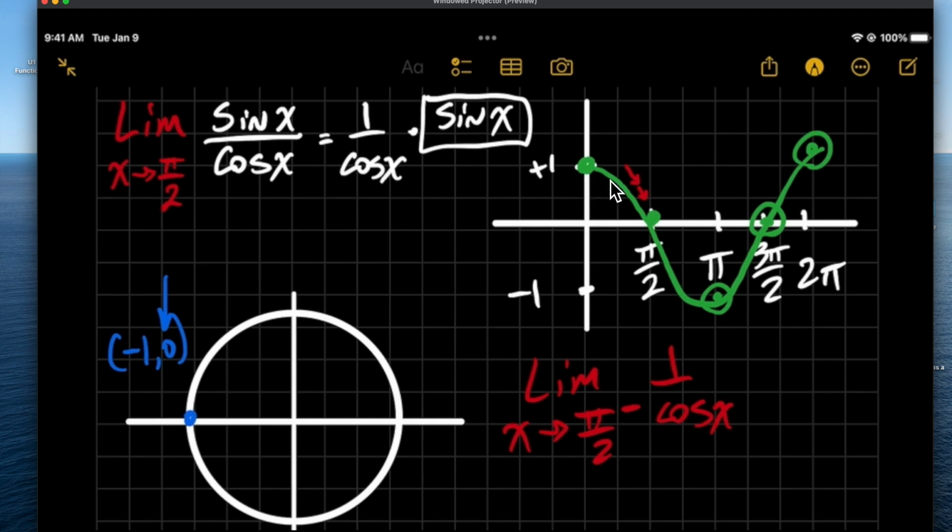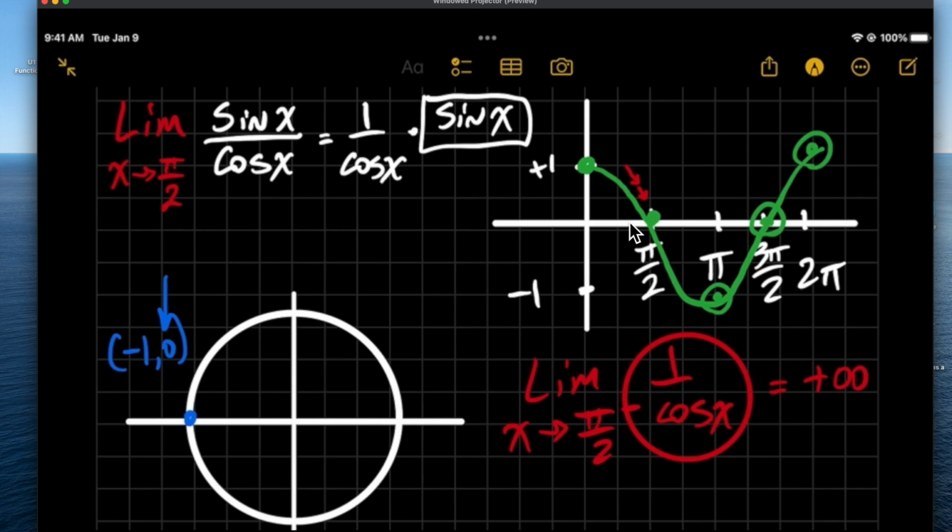As this value gets smaller and smaller, positive, right? It's always going to stay positive as you approach, but don't actually meet pi over 2. At pi over 2, the value is going to be 0. But as you get smaller and smaller and smaller positive, this whole fraction is going to get bigger and bigger and bigger in the positive direction. So the limit as x approaches pi over 2 from the left is going to be positive infinity.